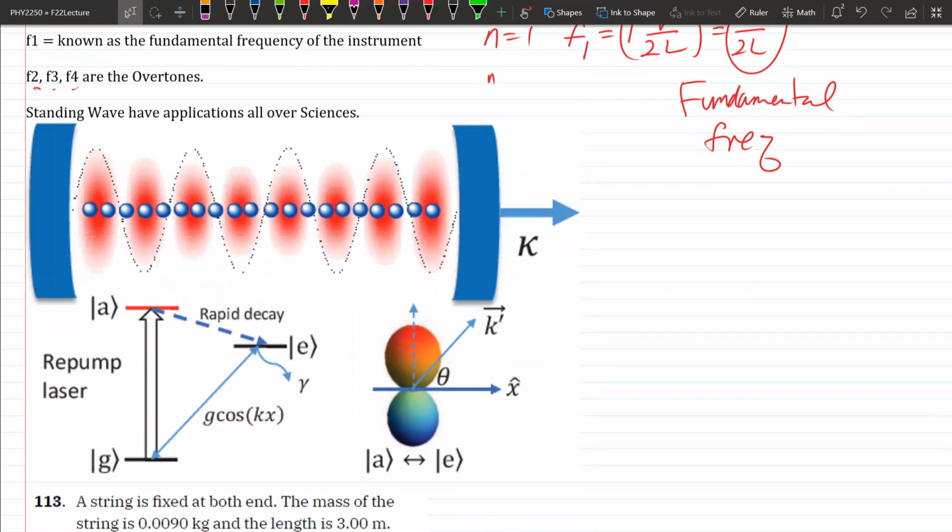Lasers are used these days for a lot of things, for communication, for making cats run around, stuff like that. Lasers are also using these things called standing waves, because the way that you amplify the laser light is by containing that electromagnetic wave inside a cavity.